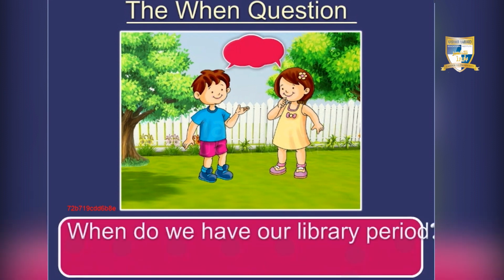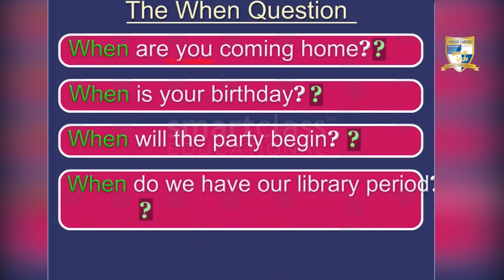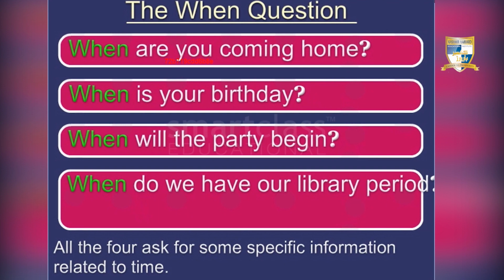When do we have our library period? All these four sentences begin with when and end with a question mark. All the four ask for some specific information related to time.